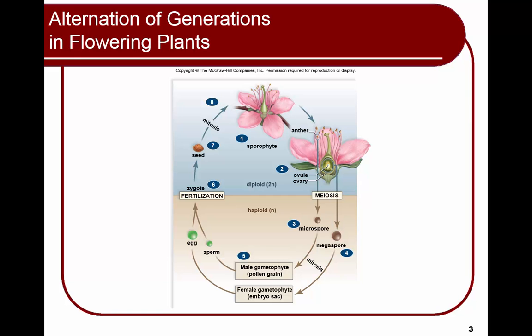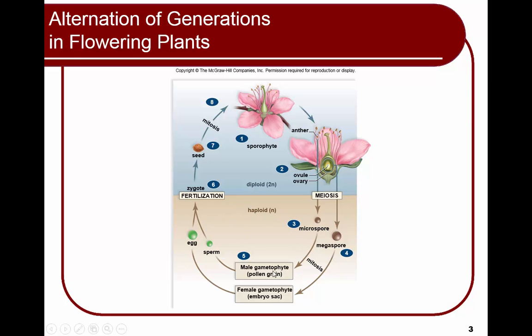And you can see here, looking at the diagram, you've got the sporophyte in the blue, where you've got the flowers, and you've got the anther and the filament, and then the female part of the plant with the ovary, the ovules, the stigma and the style. Those diploid parts of the plant will produce the haploid spores, which you can see down at the bottom in the haploid stage.